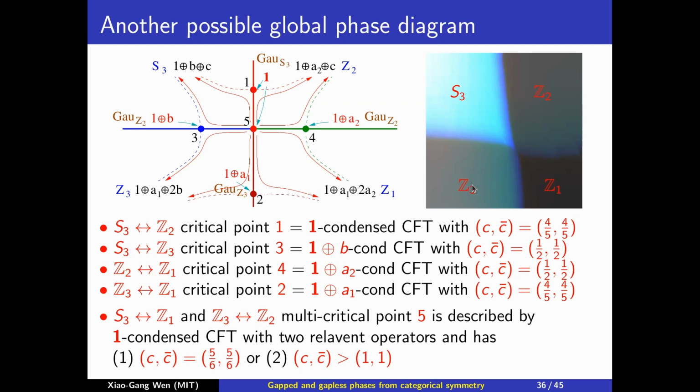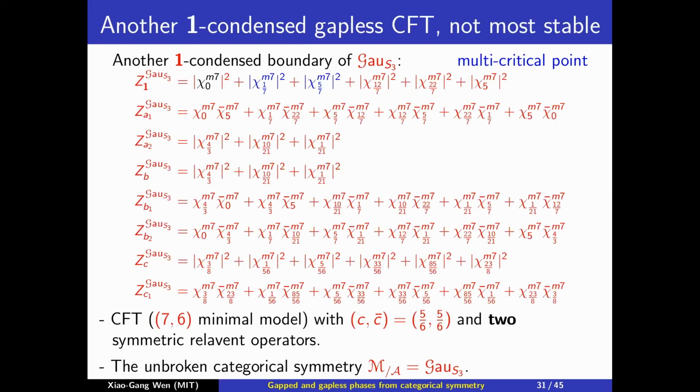So it looks very tempting, again, this multi-critical point also has one condensed boundary. It's very tempting to assign this 7, 6 CFT to this multi-critical point with only two relevant directions. But again, we're not sure.